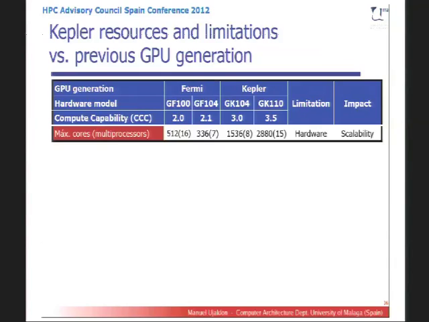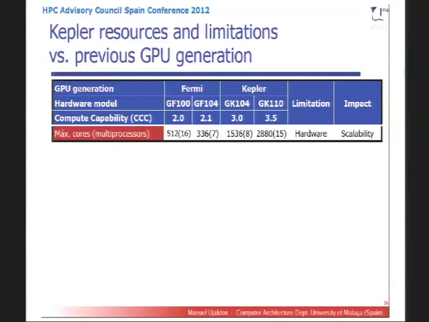So I have summarized the whole picture in this table. Basically, as you can see, I have put the two generations of Fermi and the two generations of Kepler. Right now, we are here. These are the cars you can buy right now, the GK104. And as you will see, this is not the true Kepler machine. The very strong, the good one is this one, which is going to have full coverage of what the Kepler architecture is about.